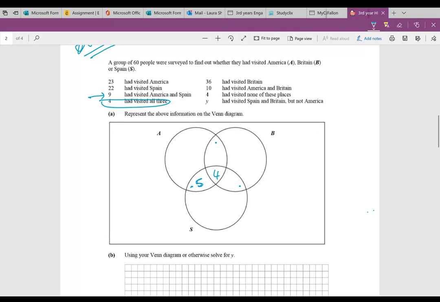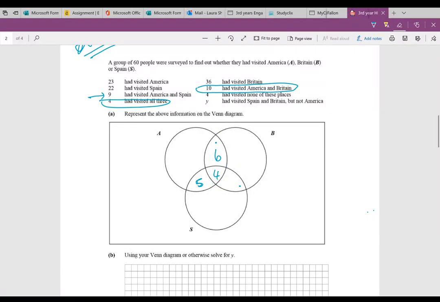Then I have 10 people had visited America and Britain. Now, America and Britain is this entire section here. I know that 4 people visited America and Britain already in visiting all 3. So there must be a further 6 included in this section that visited America and Britain, but not Spain.